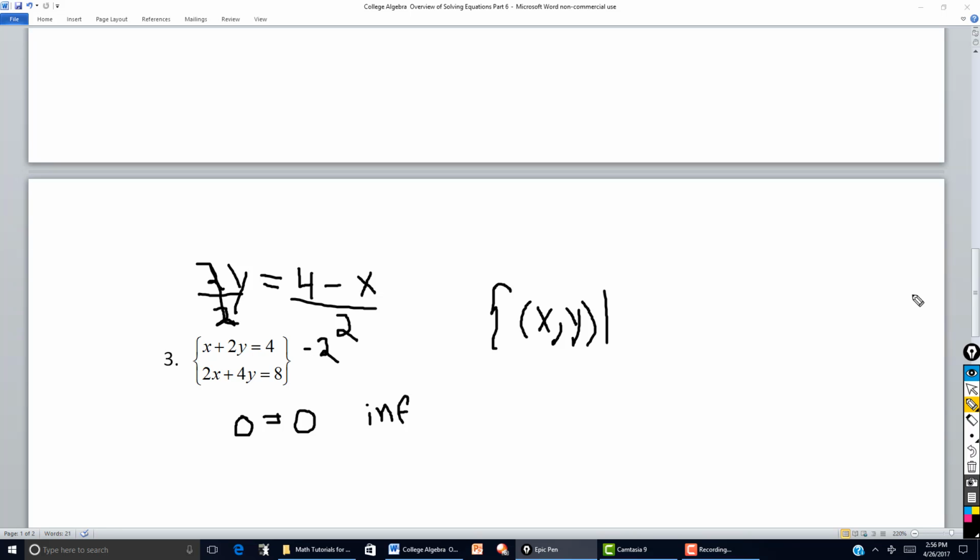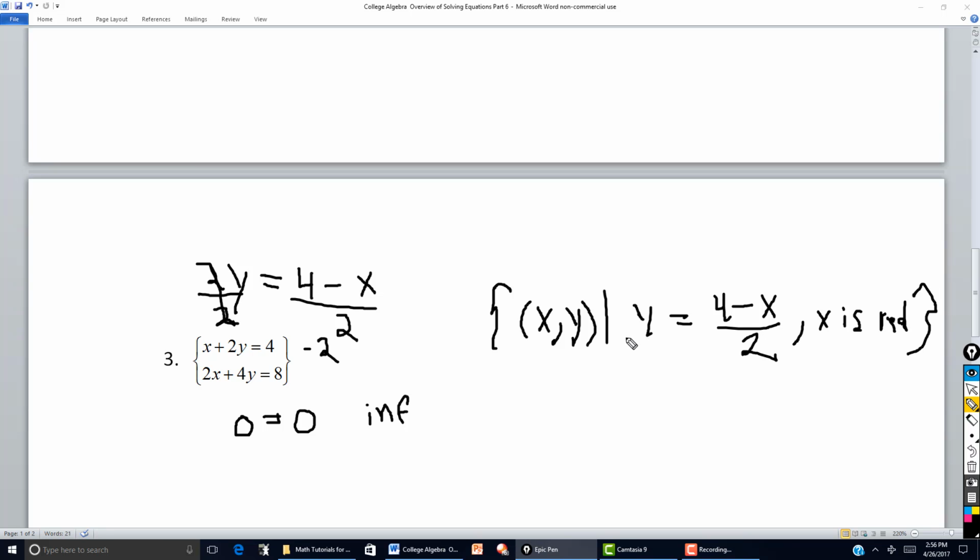So the solution set is infinite. So we'd write it like this. It's a set of ordered pairs x, y such that y is equal to 4 minus x over 2. And here I would just say x is real. X is any real number.